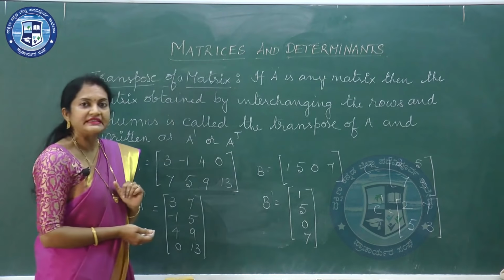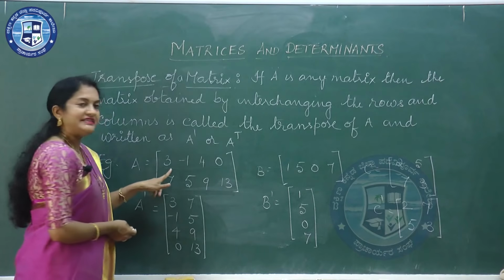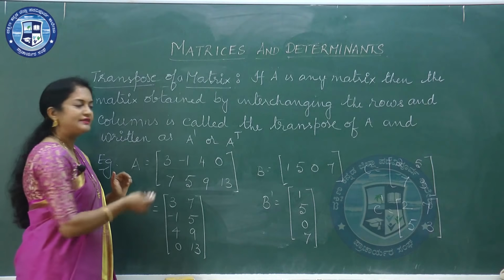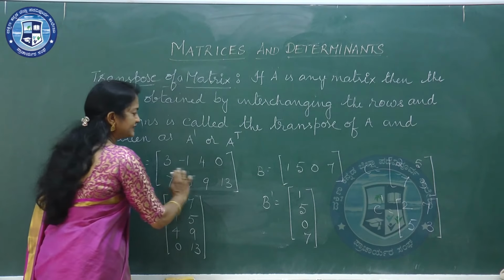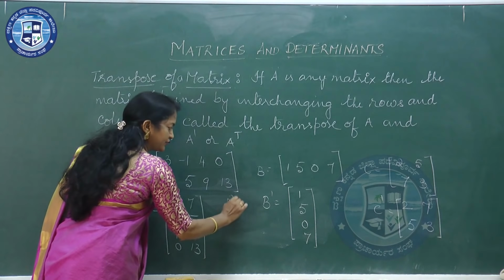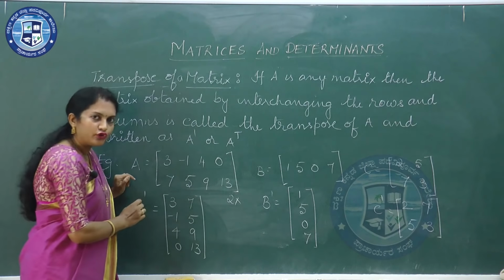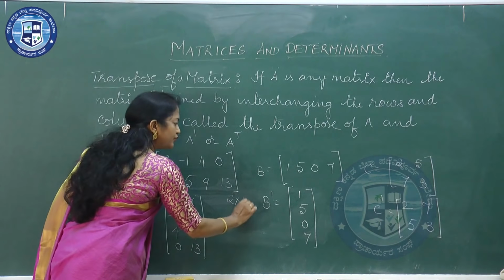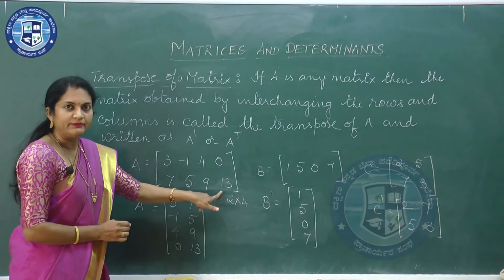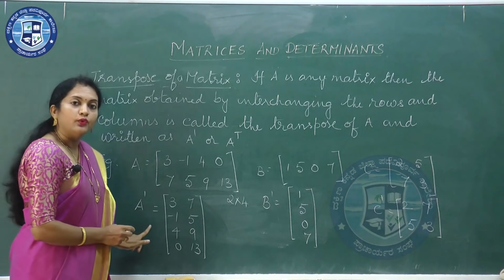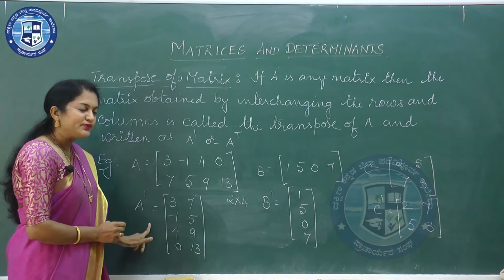Now we will see one thing here. What is the order of this matrix? There are 2 rows, so 2, and 1, 2, 3, 4, 4 columns are there, so 2 by 4 is the order of the matrix A. Now what is the order of the transpose of this matrix?